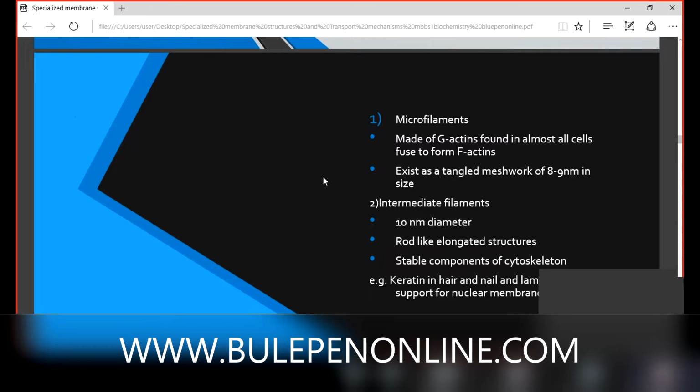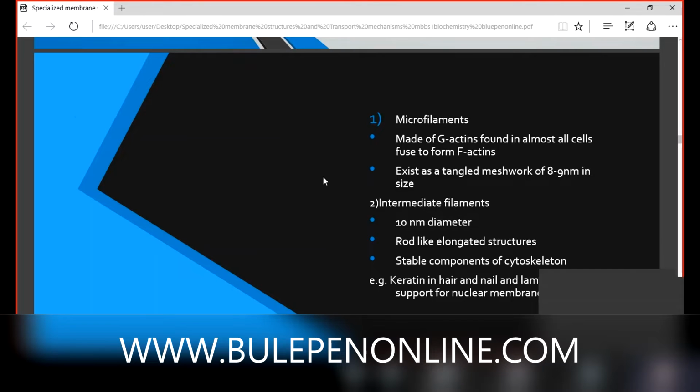Then the second one is known as intermediate filaments. Intermediate filaments are 10 nanometer in diameter, rod-like elongated structures. These are the stable components of cytoskeleton.